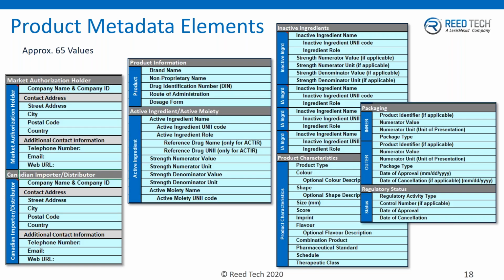It could be quite a bit more, but as a baseline, you'll need to think about 65 data elements that need to be addressed. On the left, there is information about the company, the marketing authorization holder. So information is captured on that particular topic. If this product is imported or distributed, then there are appropriate fields for that, and a lot of information about the product and packaging and regulatory status and so on.